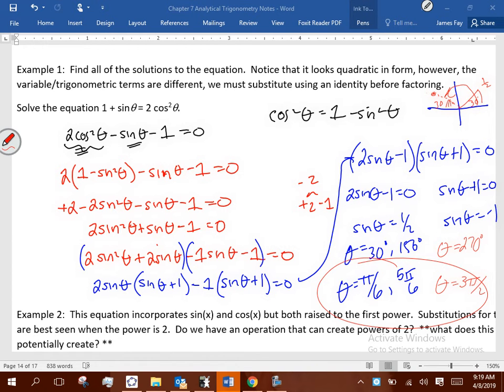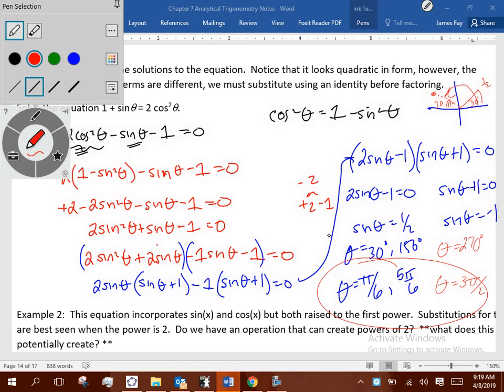Could I take all of those and add 2 pi k to them? Could I take all of these and add 360k to them? Somebody came to me this morning and asked me, how do I know if it's plus 2 pi k or minus 2 pi k?